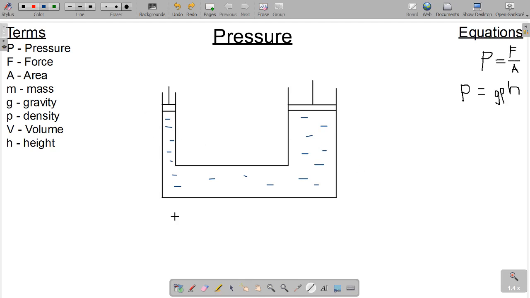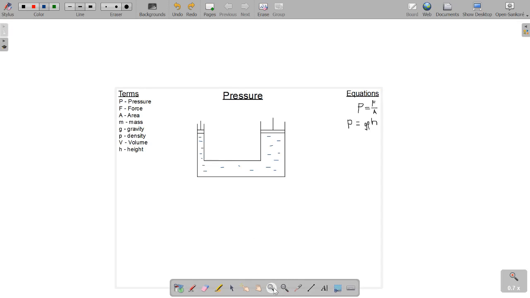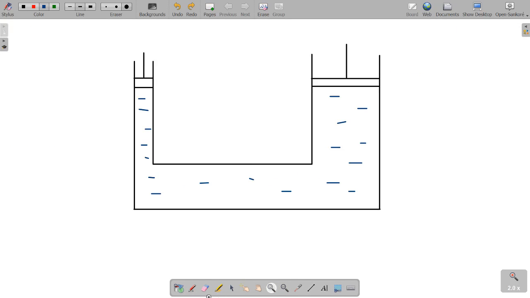Let me zoom in. Let's say you exert a force of F1 here.